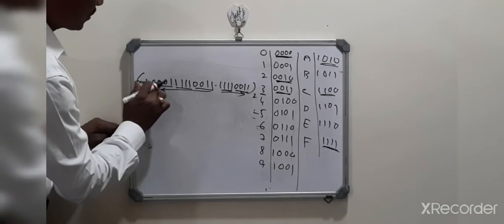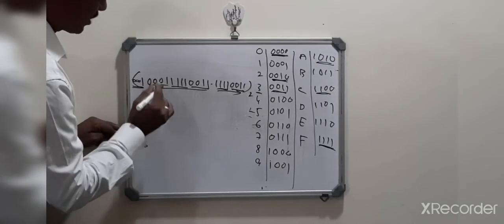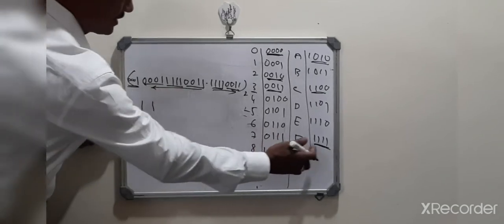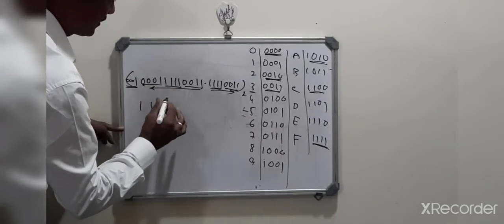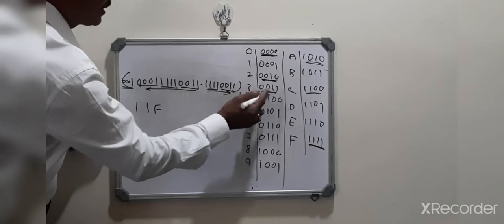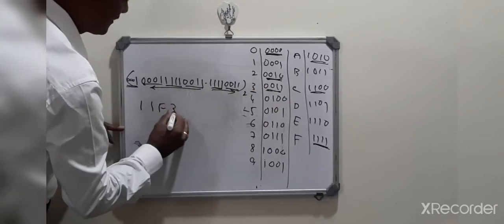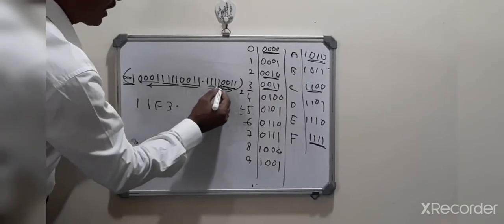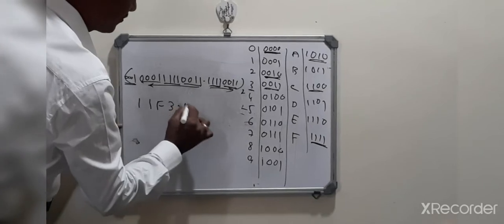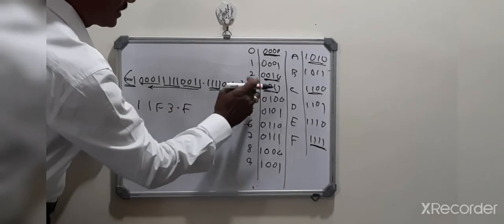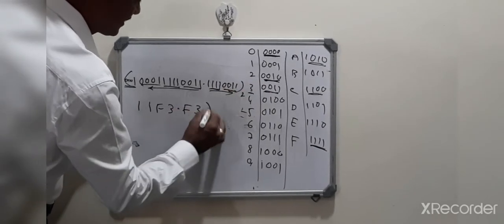Next one is 0001, that is 1. 1111, that is F. Next 0011, that is 3. Point. 1111, that is F. 0011, that is 3.